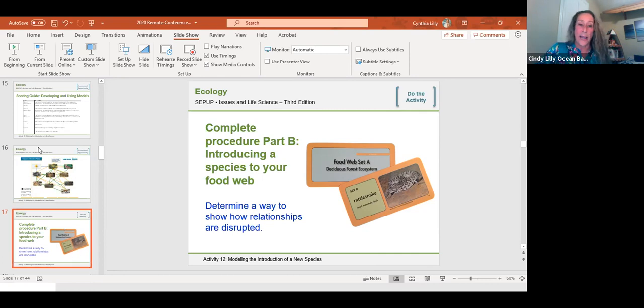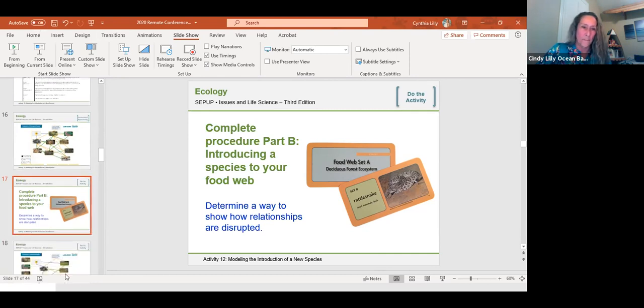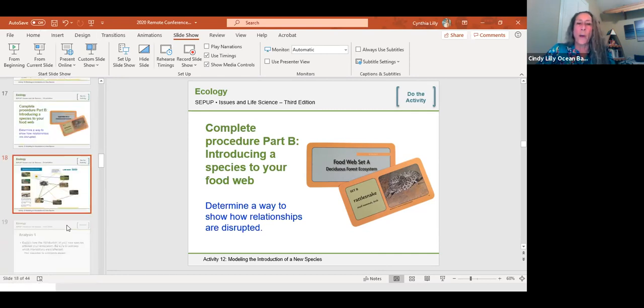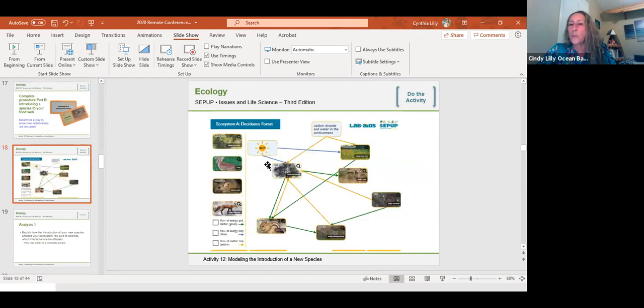So the kids would add their new species into their new web. So this is where they will hover over and remove the arrow, and they can drag off any of the ones that no longer are able to survive in the ecosystem.